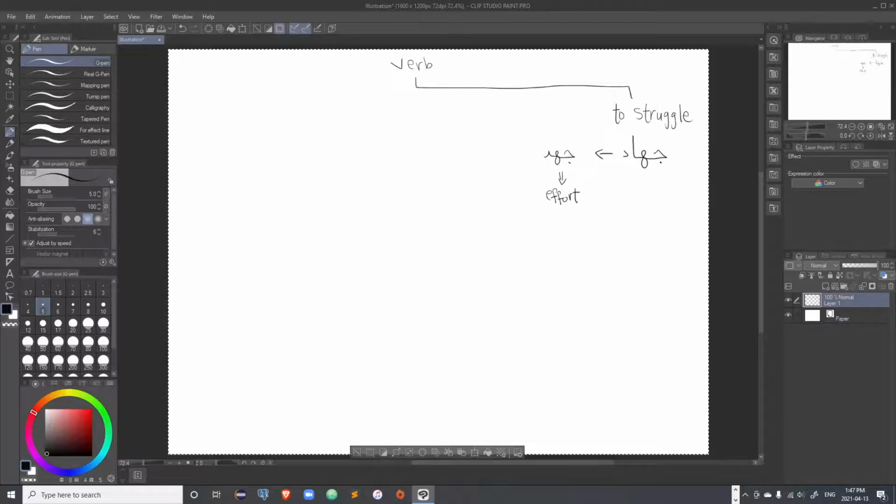So if you are struggling, you are putting in the effort. However, the struggle differs. So jihad also differs in definition. Whether you are fighting with someone or you are struggling to become a better person, you can use the word jihad as well. And this is how it is spelled, or rather with the diacritics, jihad.